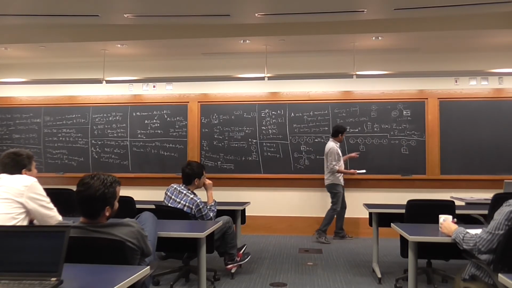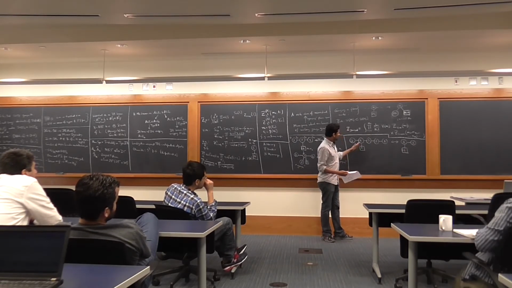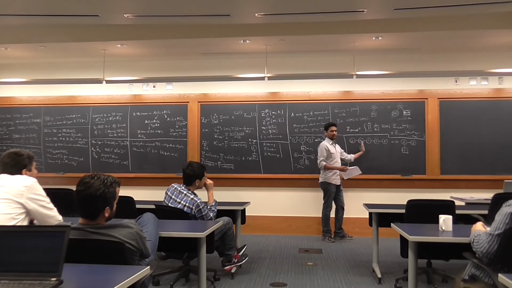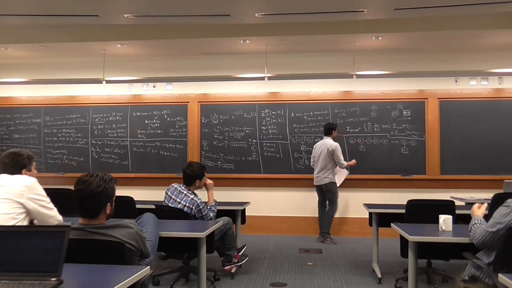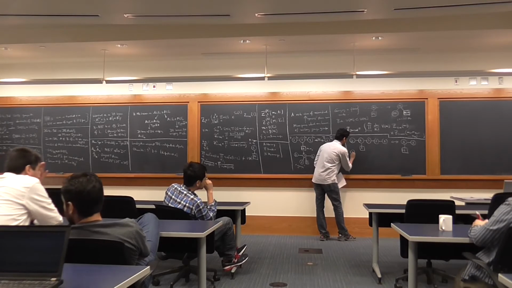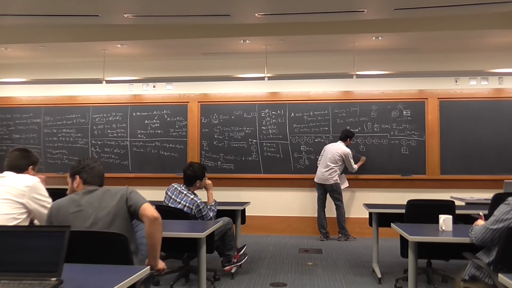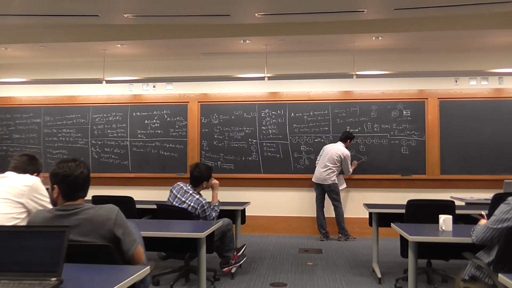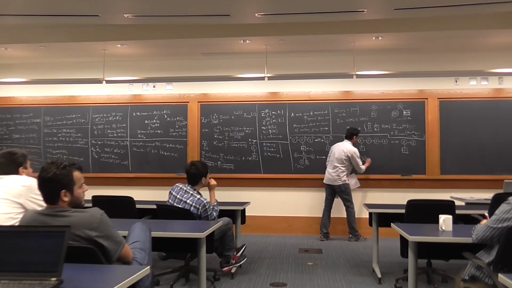Now I take this U3 and gauge this as a U2 and a global U1. So what I get is 2, 2.